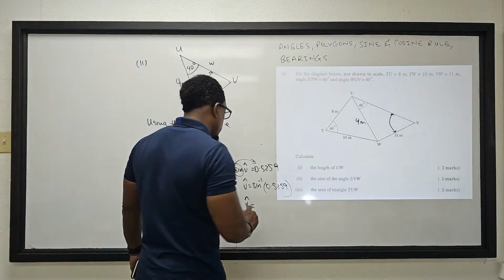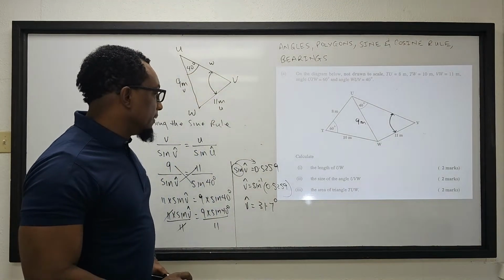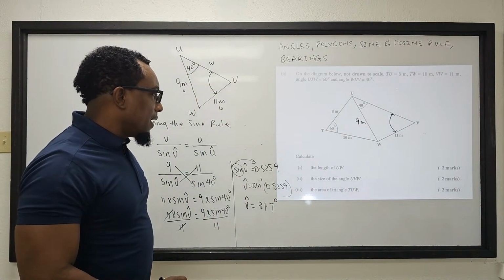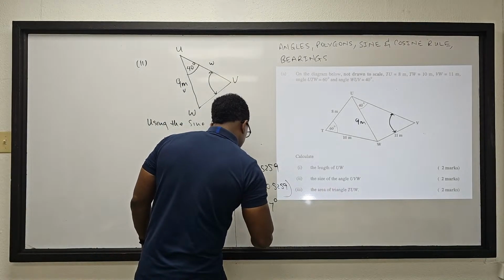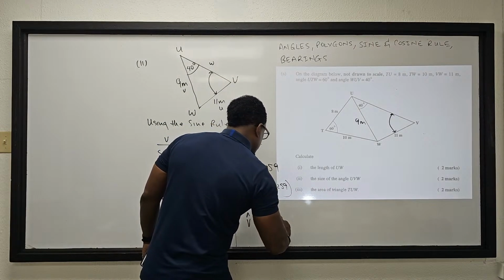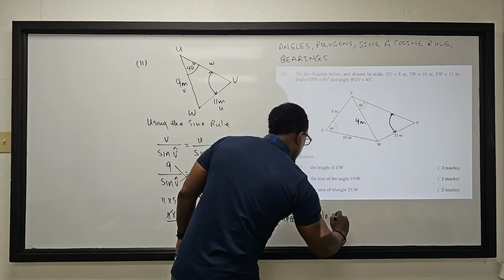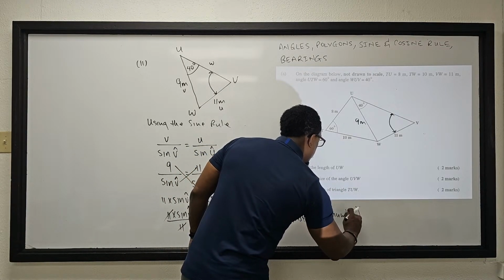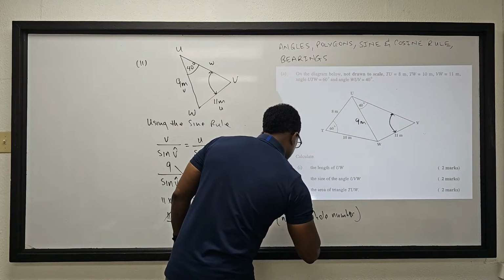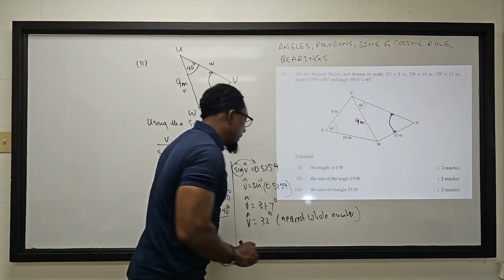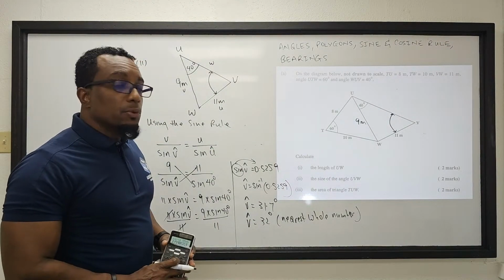Right, so we're going to get 31.7 degrees. I'll approximate it to the nearest whole. So here angle V is 32 degrees to the nearest whole number. So 32 degrees is the angle at V to the nearest whole.